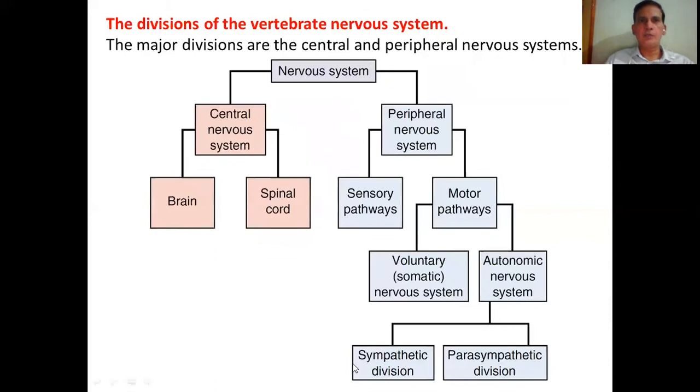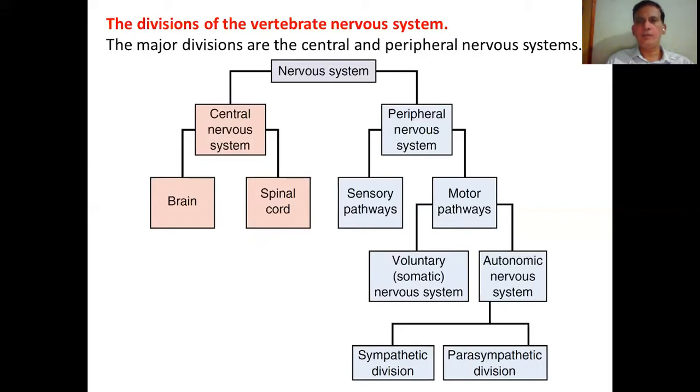Okay, so the vertebrate nervous system can be majorly divided into two divisions, that is the central nervous system and the peripheral nervous system. Now the central nervous system consists of two major components, that is the brain and the spinal cord. The peripheral nervous system consists of two major components, that is the sensory pathways and the motor pathways.